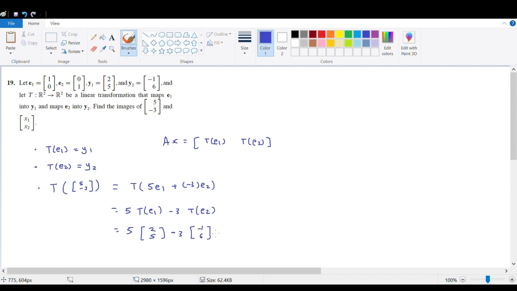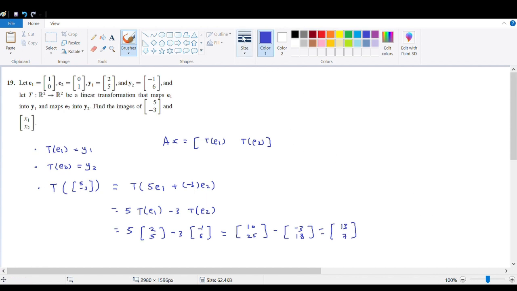So now this will give us (10, 25) minus (-3, 18). So the result will be (13, 7). So this is the transformation of the vector (5, -3) under the mapping from R2 to R2.